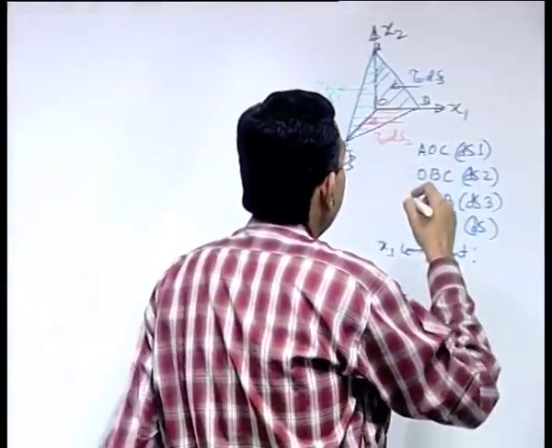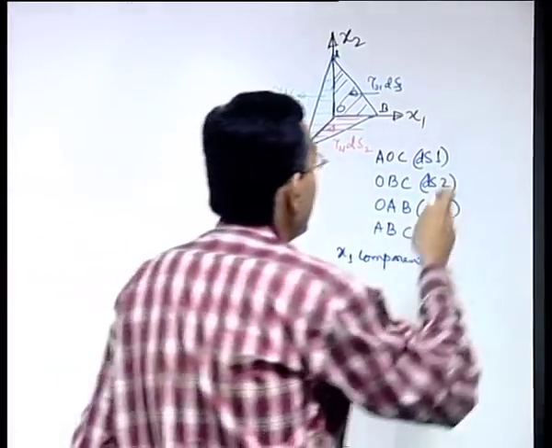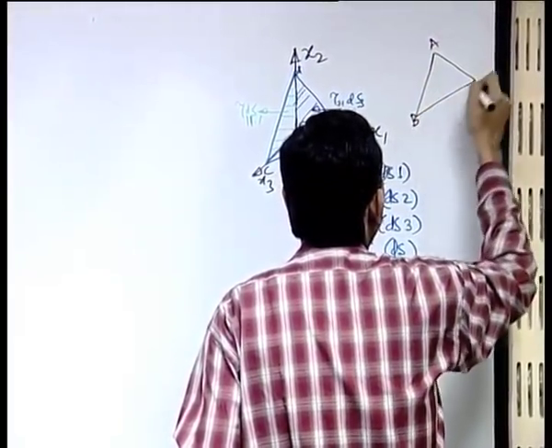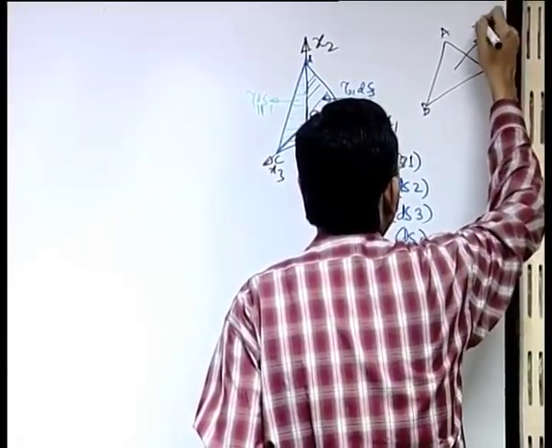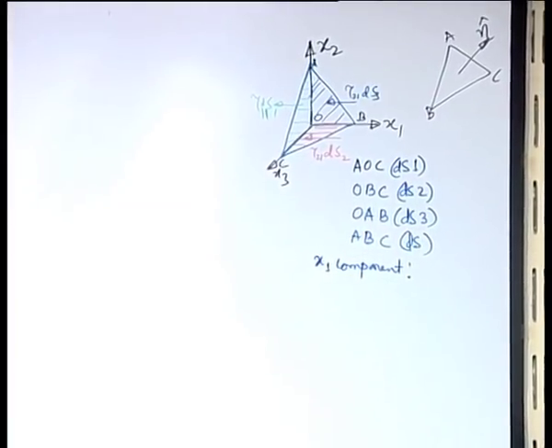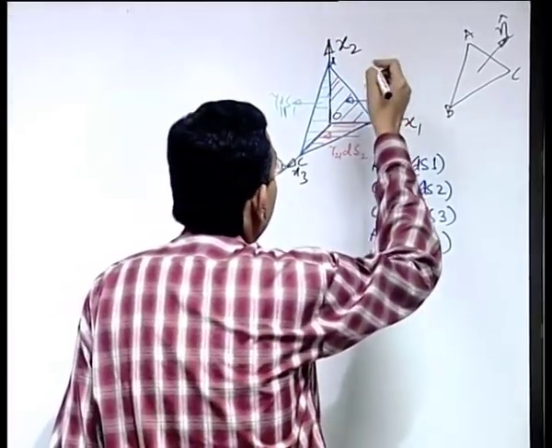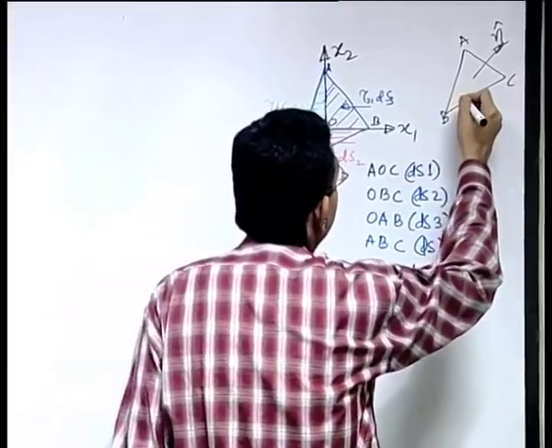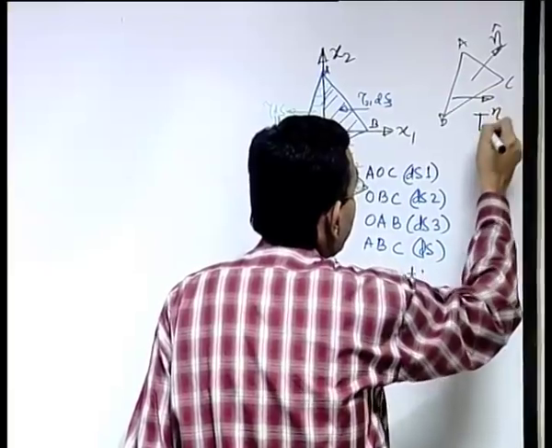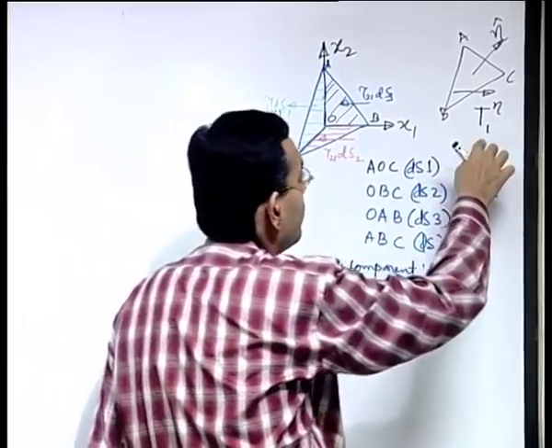So, let us make an arbitrary sketch, and say that the normal to ABC is oriented along eta. So, you have to use the T notation rather than tau notation. So, what will be the x1 component of force on ABC? T eta 1, this is the direction of action of the force, times ds.